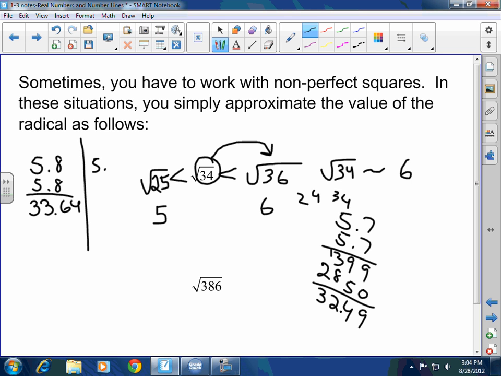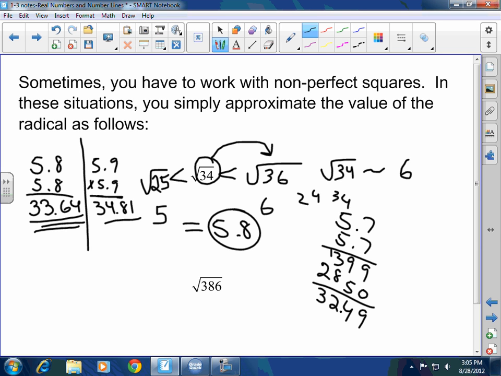Let's try 5.9 times 5.9. 5.9 times 5.9 is going to give me 34.81. So who's closer to 34? 34.81 or 33.64? 33.64. So this is roughly 5.8.